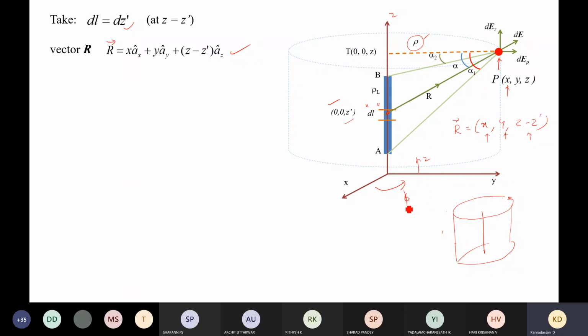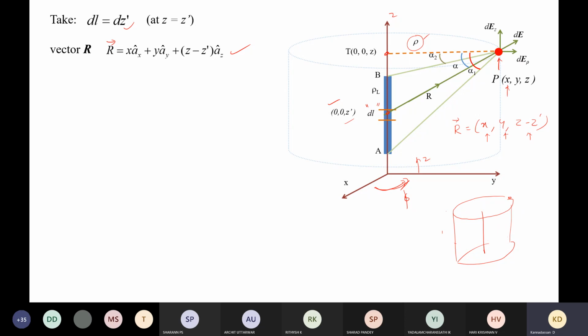Then it is available at a particular phi, which we calculate with phi equal to tan inverse of y by x. And along the height direction, this particular point is x, y, z, so definitely it is at the height of 0, 0, z. So the corresponding point can be defined.